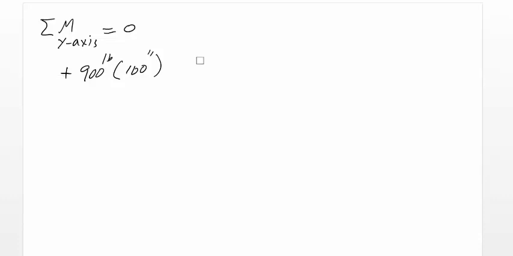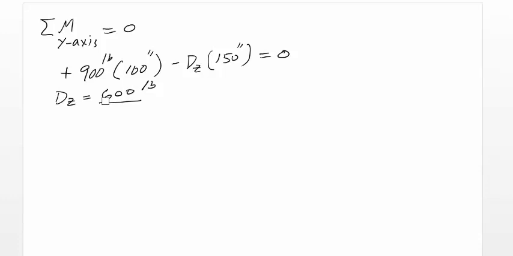However, DZ has a moment similar to the 900 pound, but DZ distance is 150 inches and it creates a moment negatively about the y-axis. Therefore, we have to assign a negative to it. From this equation, we find DZ equal to 600 pounds. And since it is positive, the direction of our reaction is correct.